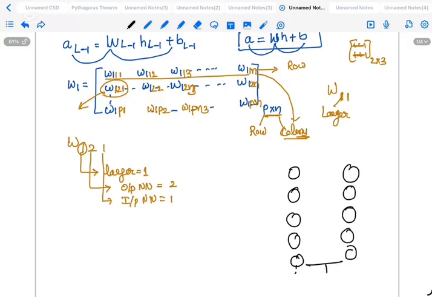So in this layer W1, the first one is layer 1. Next, the output neuron is the second neuron. So this is the first neuron and the second neuron. The second neuron, this one, is the output neuron. Next, this one is input neuron 1.